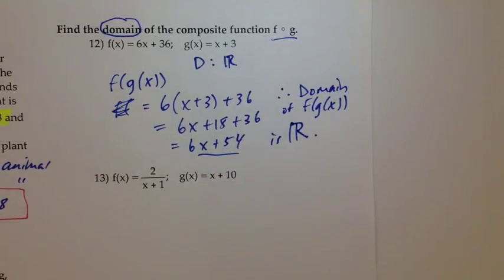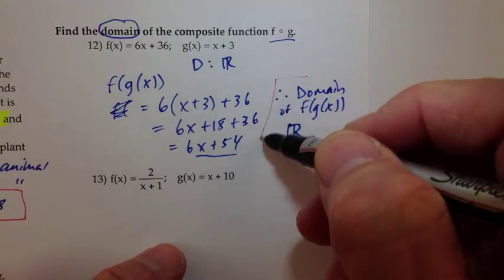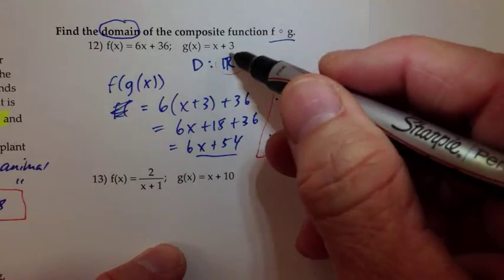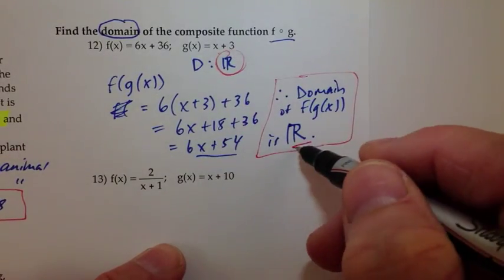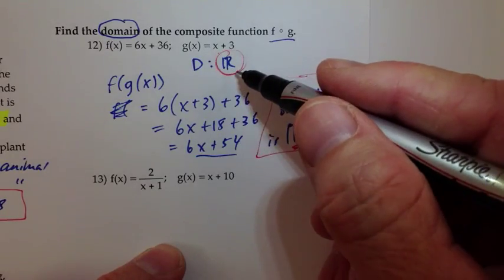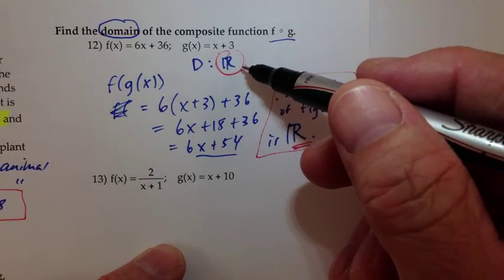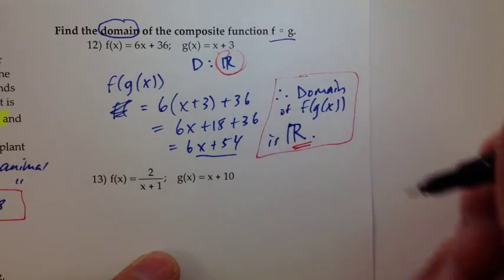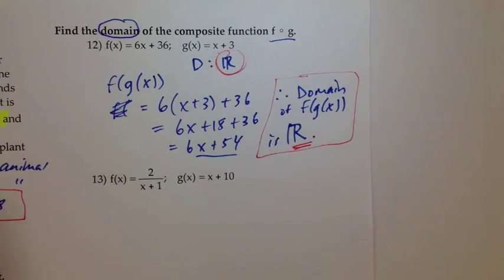So we've shown f of g of x, we don't have any restrictions on g of x. That's key. You can't have a domain of all real numbers here if you have any restrictions on g of x. Understand? Good.